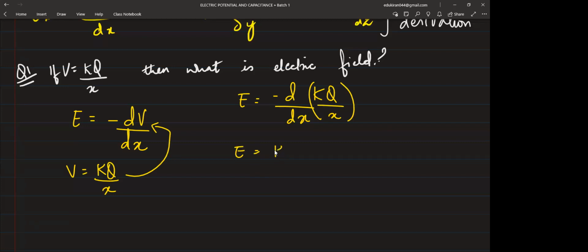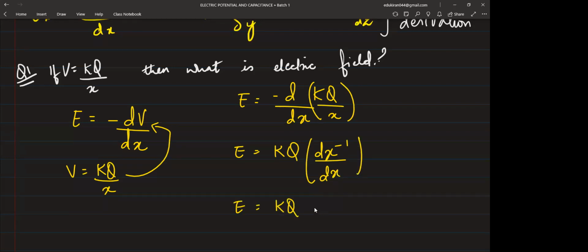We have the constant k, constant q, x to the power minus 1, d over dx. This is what we have to do.